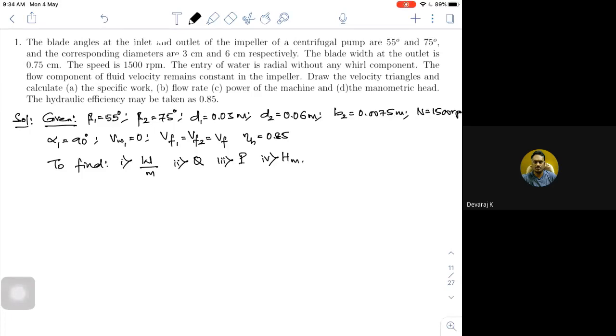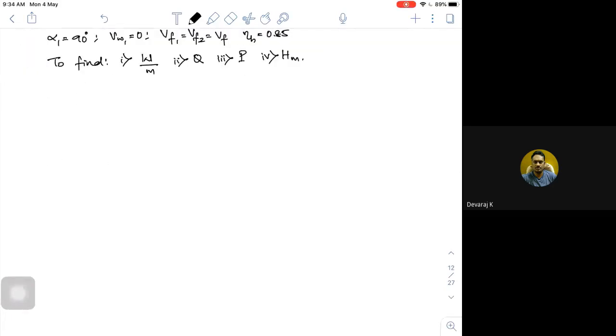Okay, let me put the impeller. It's something like this. So this will be rotating like this, and it is rotating in this direction. So let me draw the velocity triangle at the inlet.